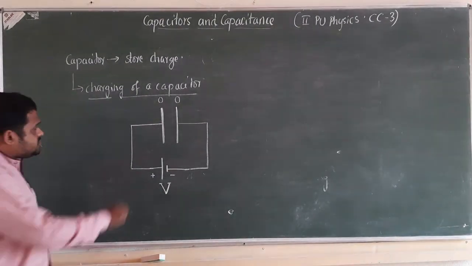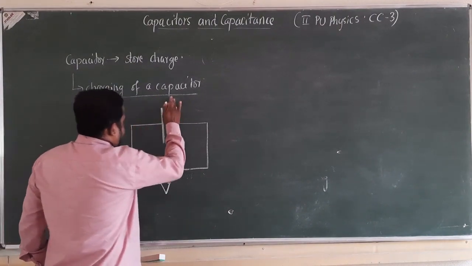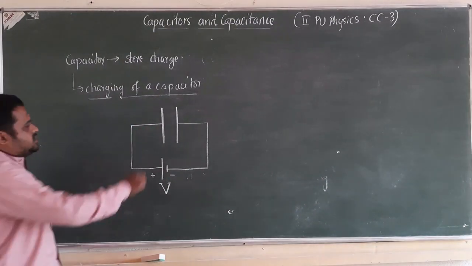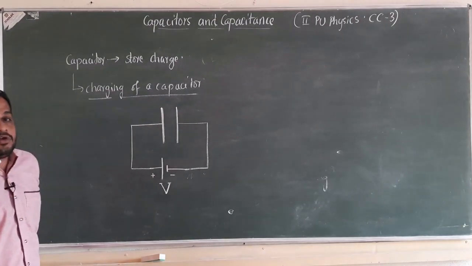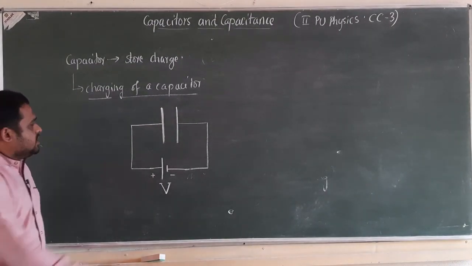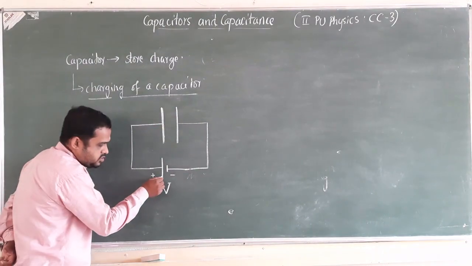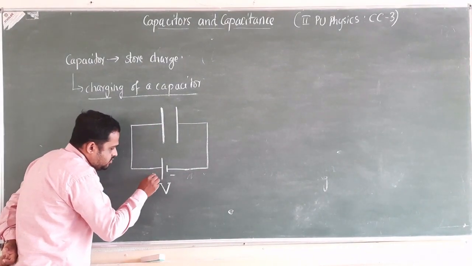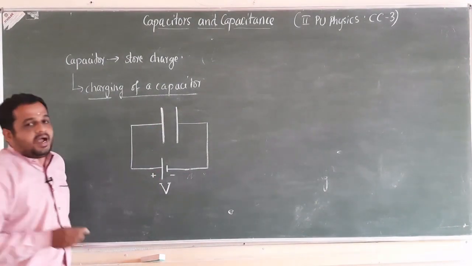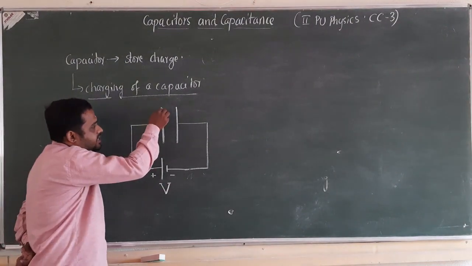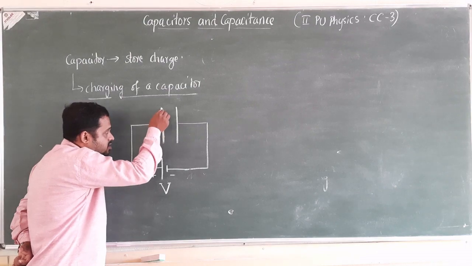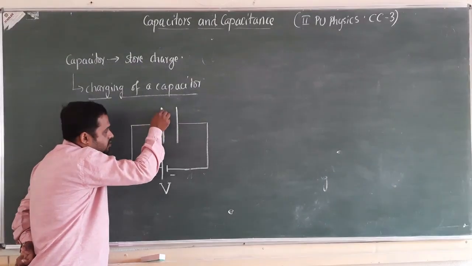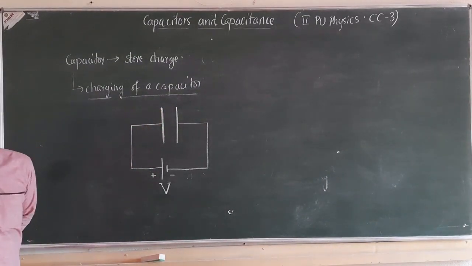Now, when a capacitor is connected like this, the first plate or left plate of the capacitor carries equal amounts of positive and negative charges. Now, this is connected to the positive terminal of the battery. This positive terminal attracts negatively charged electrons, or removes negatively charged electrons, from the first plate or left plate of the capacitor.